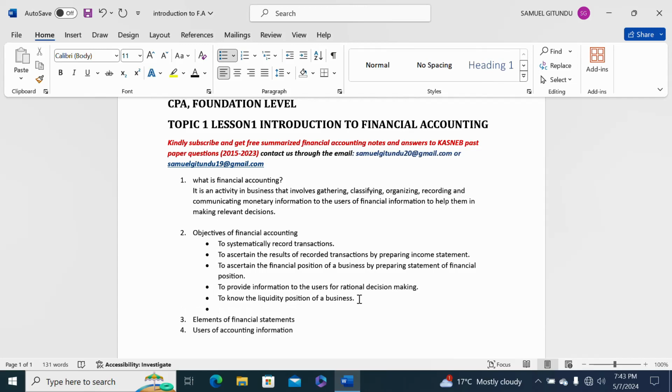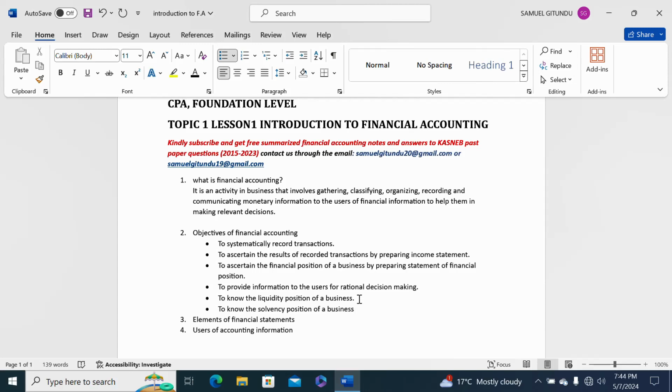And now the final objective of financial accounting is to know the solvency position of a business.